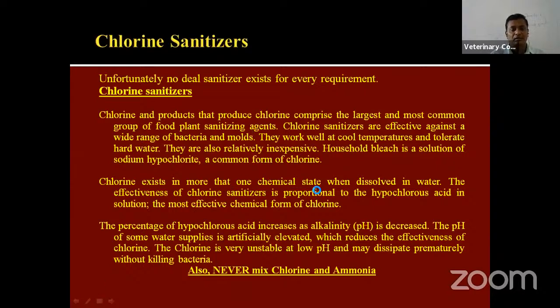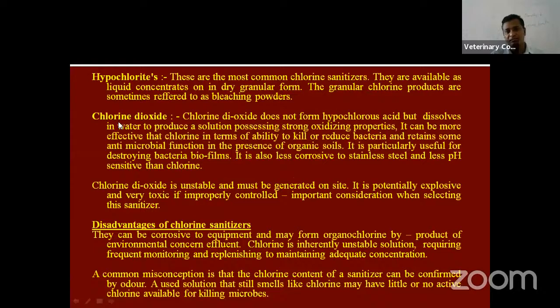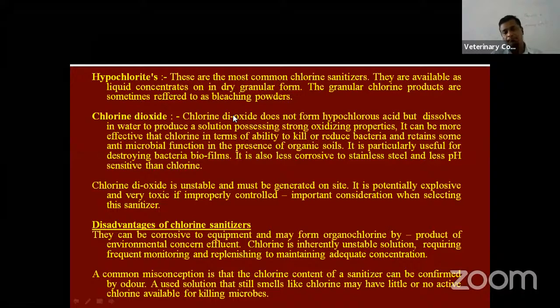The next thing associated with chlorine is hypochlorite. As I told you, when bleaching powder or chlorine gas is introduced into the water, H2O plus Cl2 leads to the formation of HOCl, which is nothing but hypochlorite, and that has the germicidal activity.